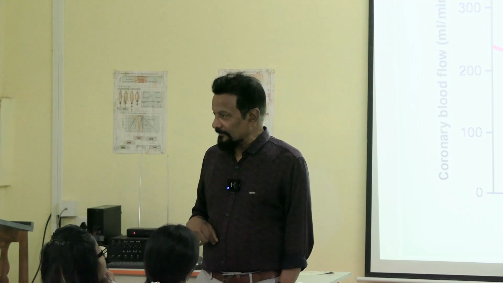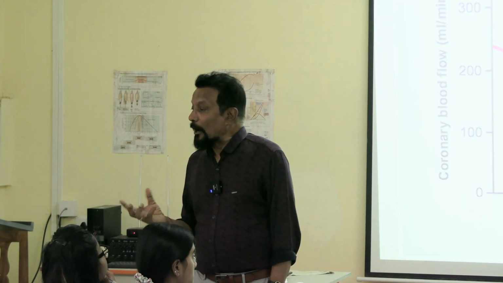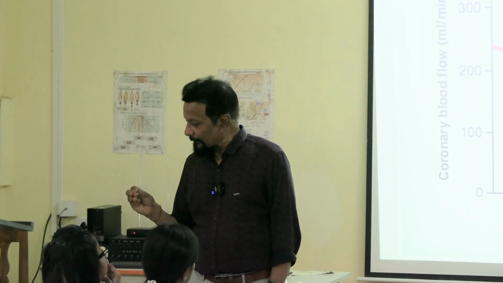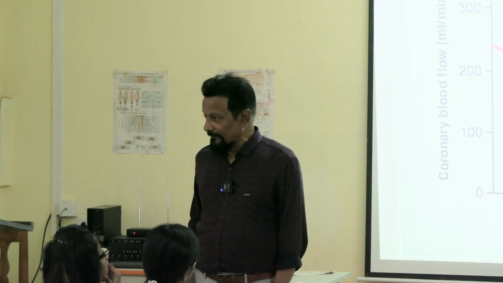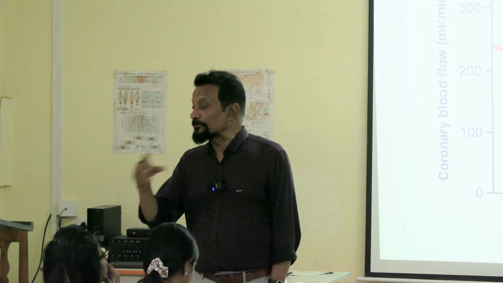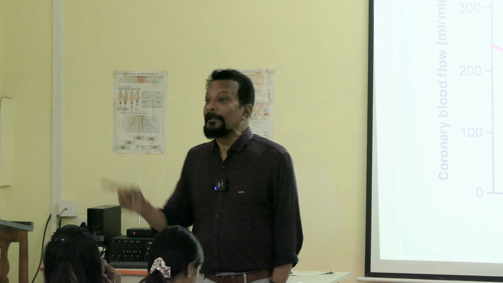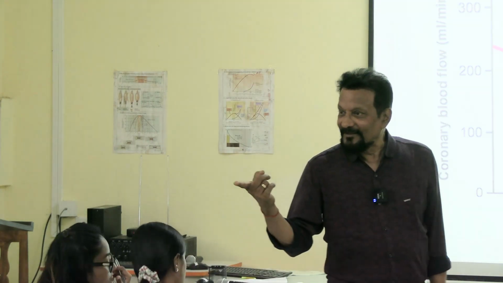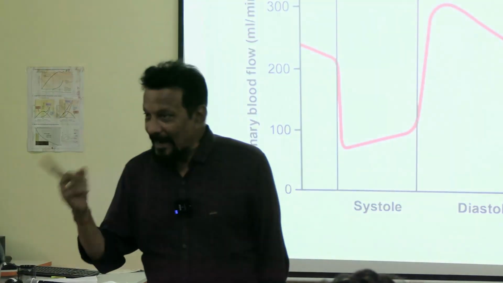Now my question is, in 1 minute, how much blood can you eject? In every beat, you are sending 70 ml. In 1 minute, how much can you send? It depends on your heart rate.